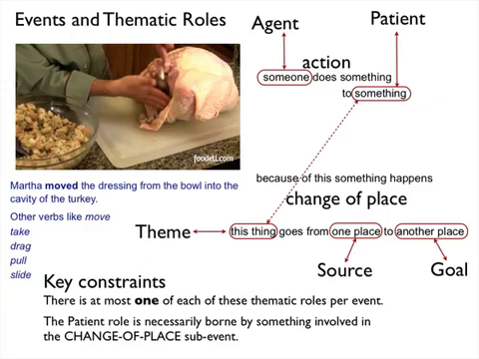And it has to be one of the things that, either the source, the goal, or the theme. And then you can add on to this concept things like instrument, like we talked about. And the instrument sometimes will be arguments, but it depends on the scenario and the verb and all of that.